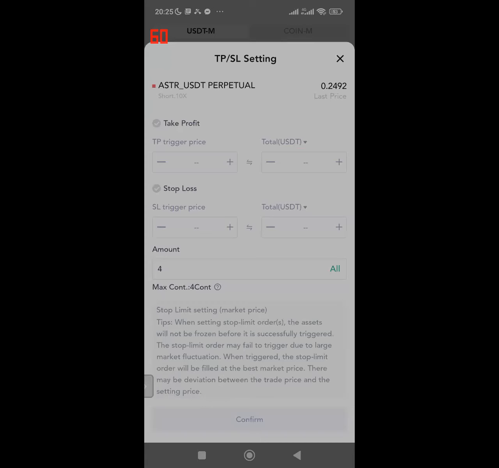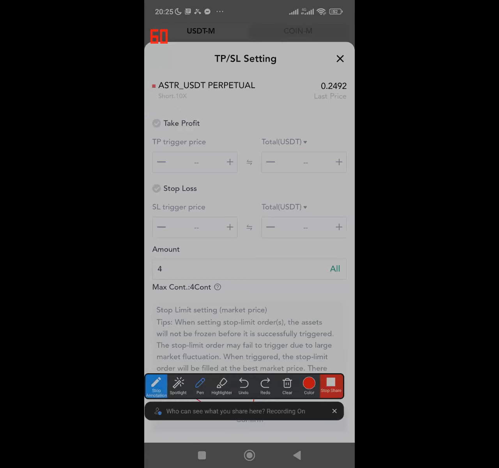Once you select them, it also shows you the exact amount you will get and the exact amount you might lose. For you to do that, you can't type in this box. This box is sealed. You have to activate this button. You have to activate that you want to take your profit and also your stop loss. You need to click this checkmark for you to be able to make your inputs.